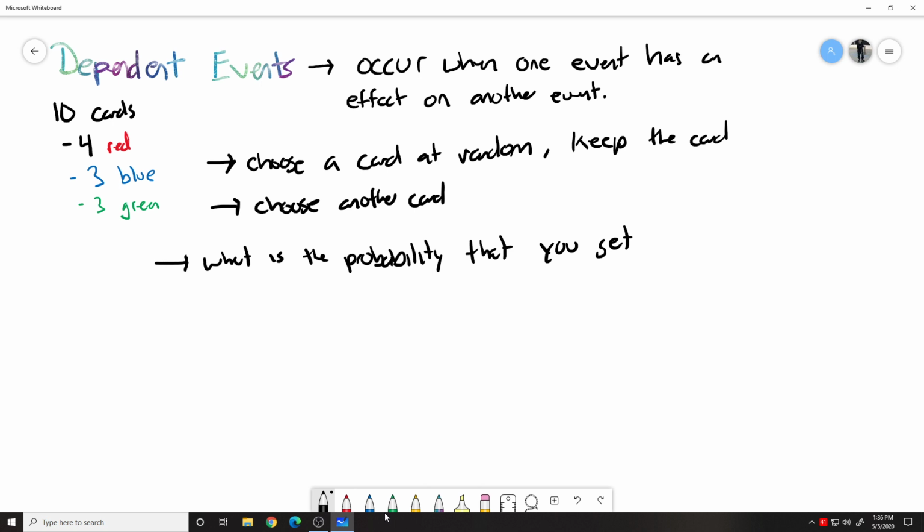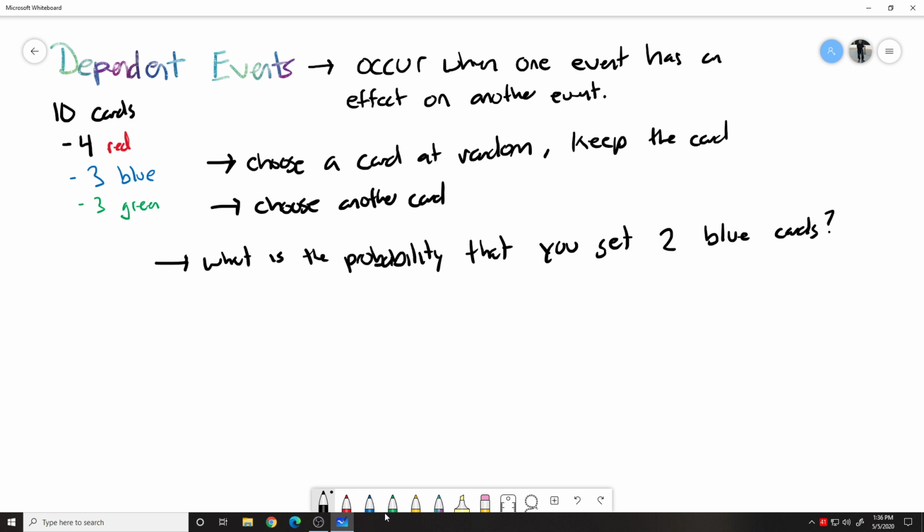What is the probability that you get 2 blue cards? If we work through this, it will demonstrate how we have dependent events here. I'll give you the formula with letters after, but we're going to work through this first.